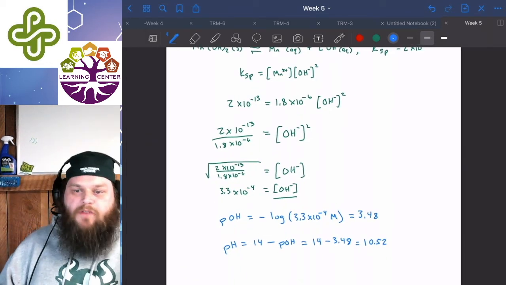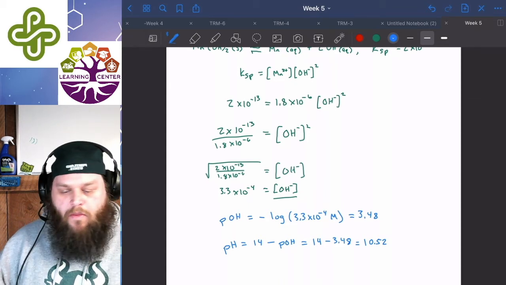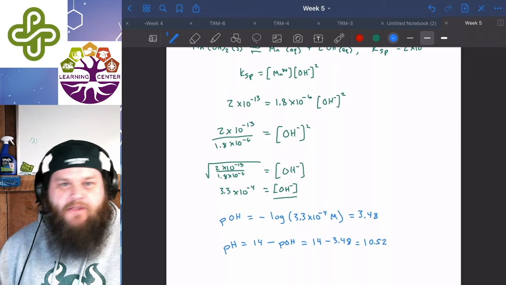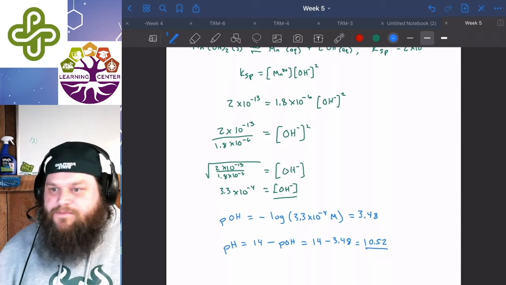There you go. So if you keep a really basic solution in there, no manganese stains on your clothes. And there's the pH that you want to make sure you keep it at.